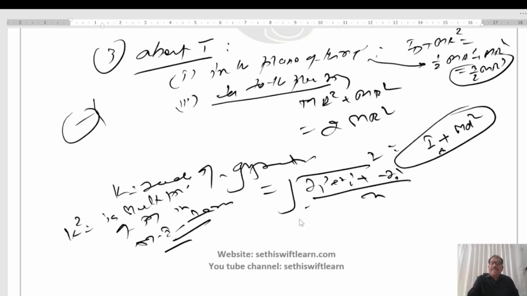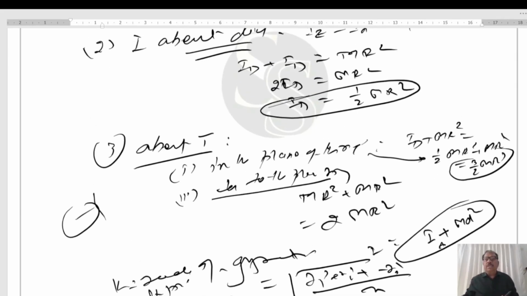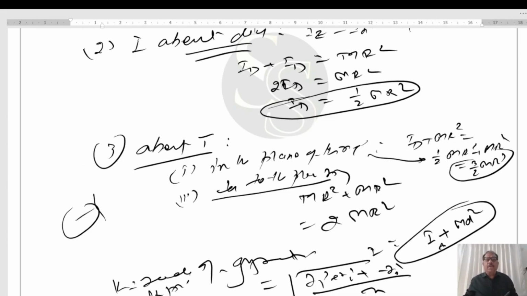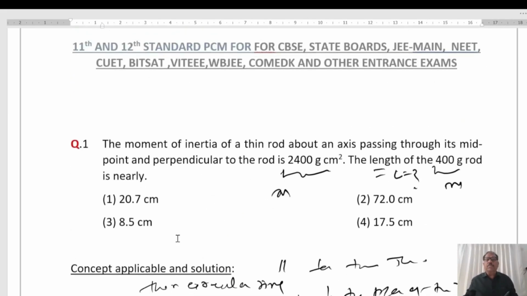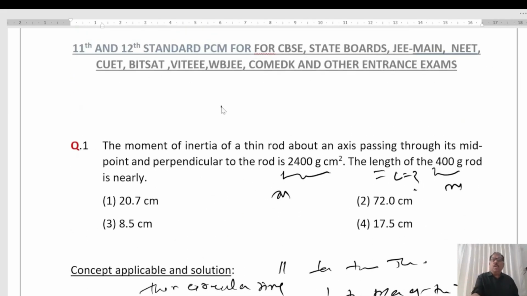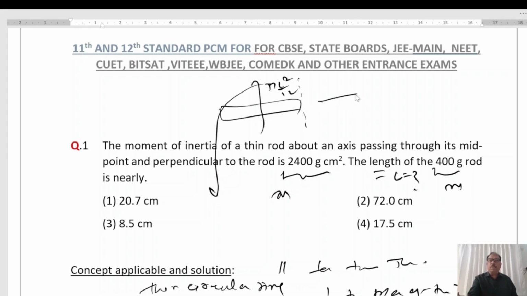Next, now we come to the question. This is ml square by 12, and in this case the formula is applicable. If we have to find it about an axis perpendicular to the rod at its end, then ml square by 12 plus m times l by 2 whole square.